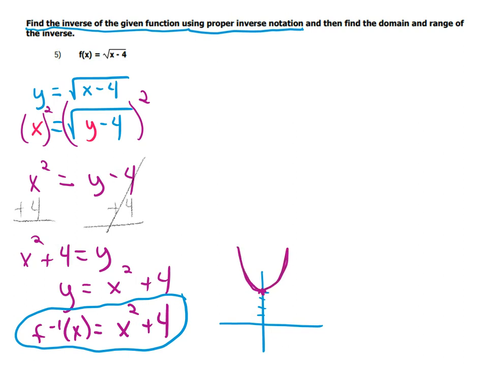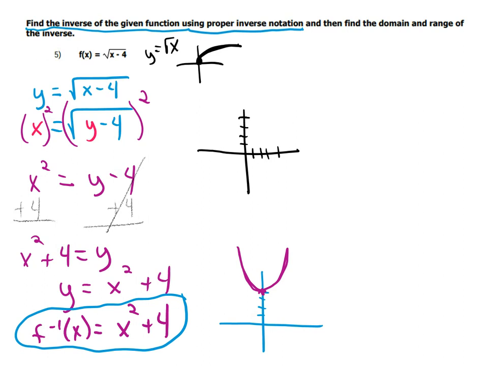However, we only want the inverse of the original function. Now here's the fun part. The original function was y equals the square root of x minus 4. And I don't know if you remember this, but if you have just y equals the square root of x, it starts right here at 0 and goes like that.